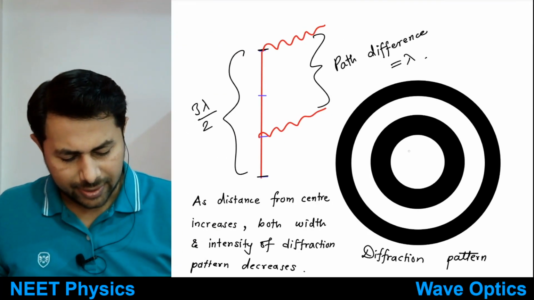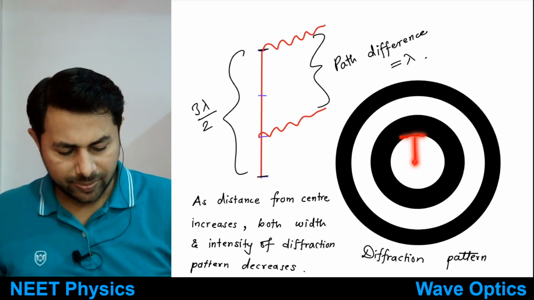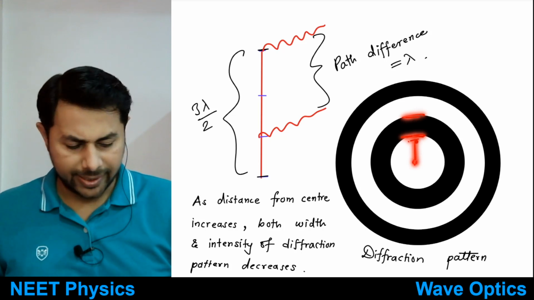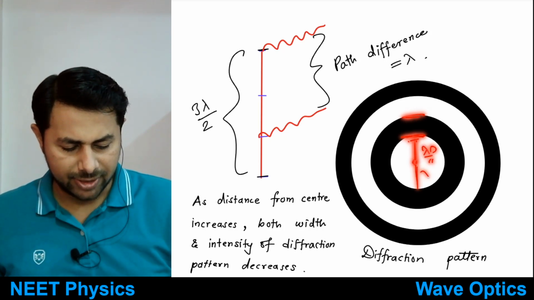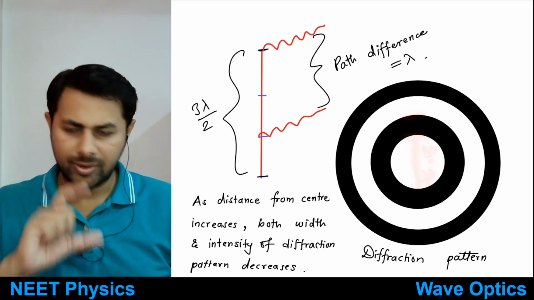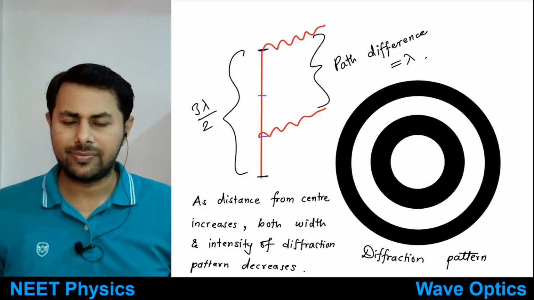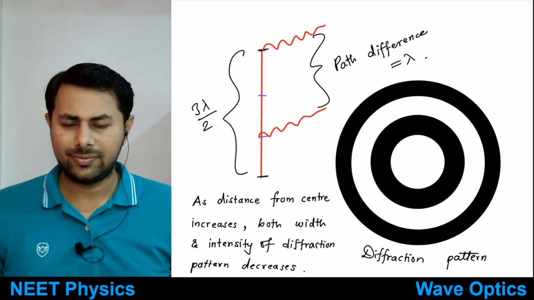So if this is the center, the first secondary minima is at lambda times d by a on this side and on this side. So that's the width of the central maxima. Is this thing clear, everyone?